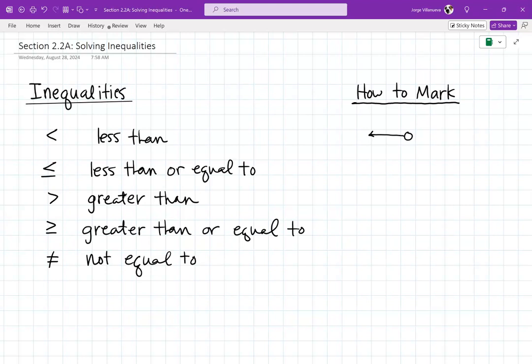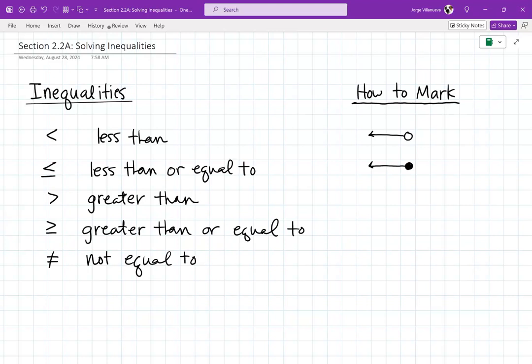Because think about it, on a number line, aren't all the numbers smaller as you go to the left? Right? So those are less than each other. As you keep going left, they're getting smaller and smaller. Less than or equal to will have the same direction, but the mark is going to be solid. Instead of an empty dot, it'll be a solid dot. So whenever it can be equal to, you got to color in the dot.